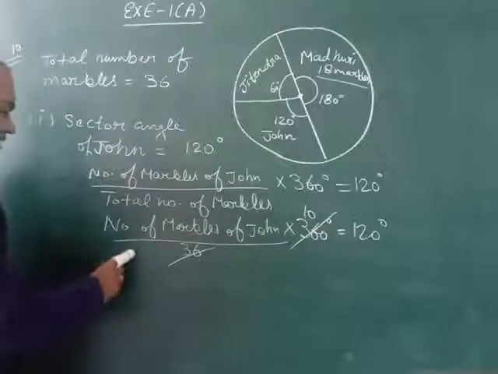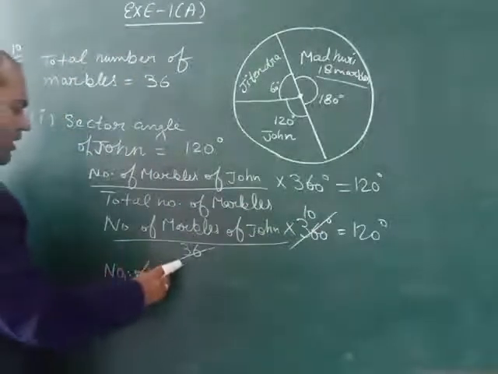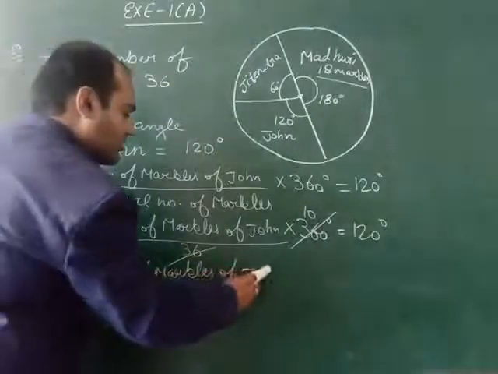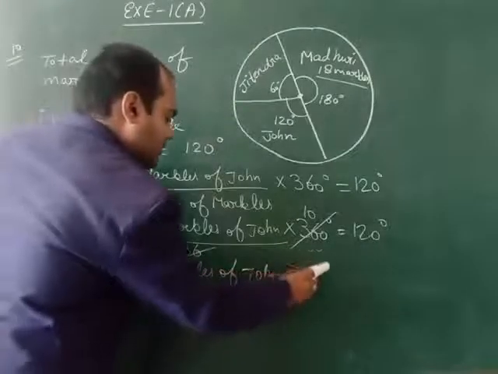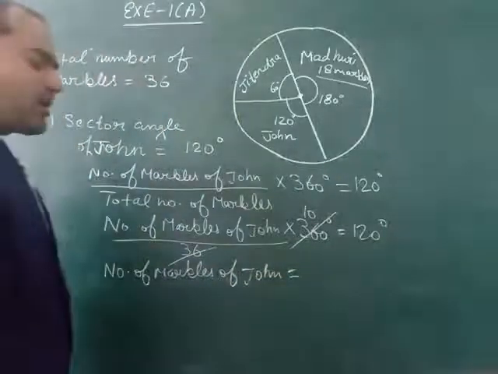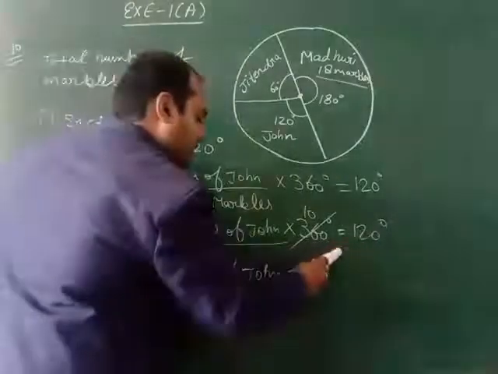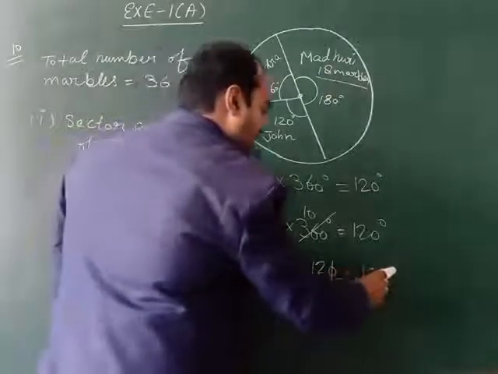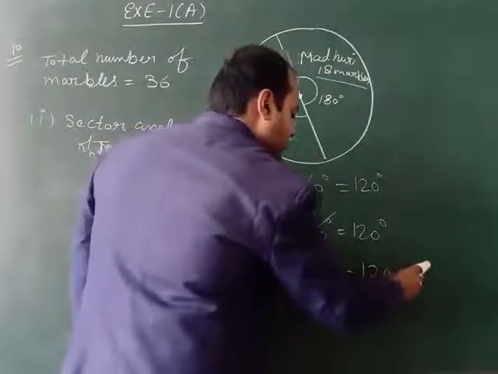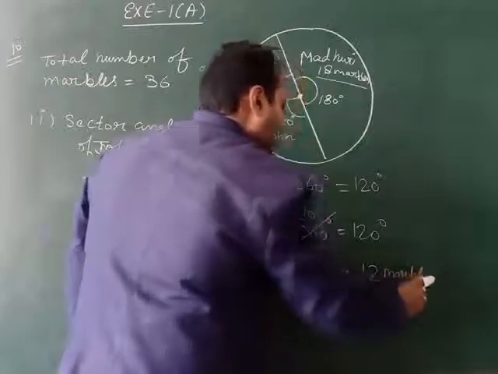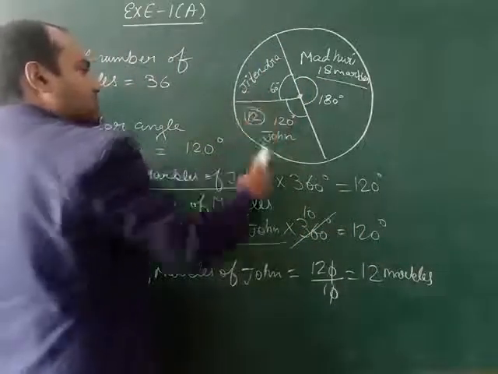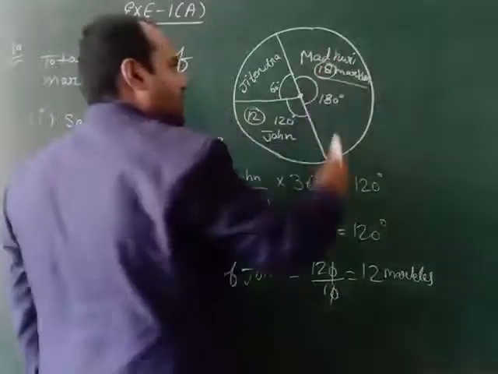So here we will get number of marbles of John, how many marbles John has, 120 divided by 10. Then on cancelling it we will get 12 marbles. So here we got the answer for John also. John has 12 marbles and Madhuri has 18 marbles.